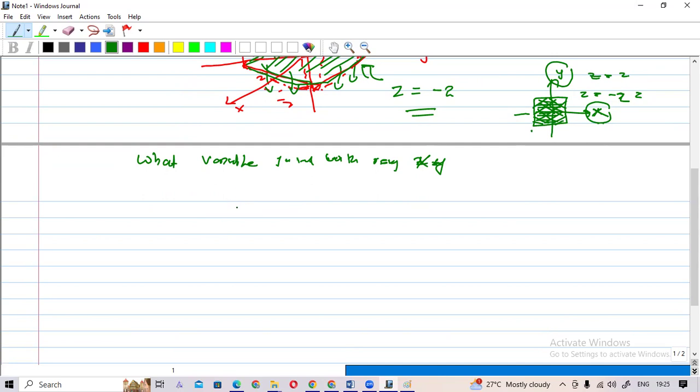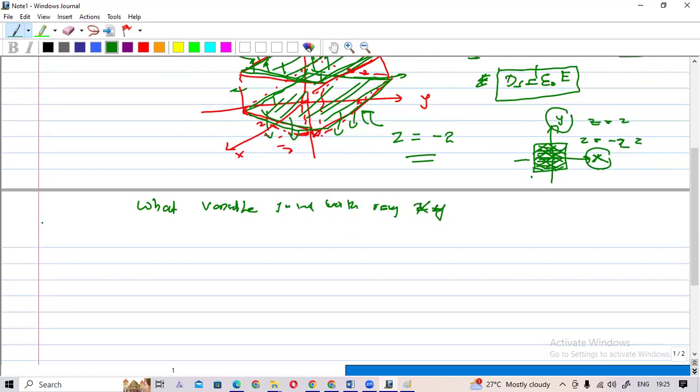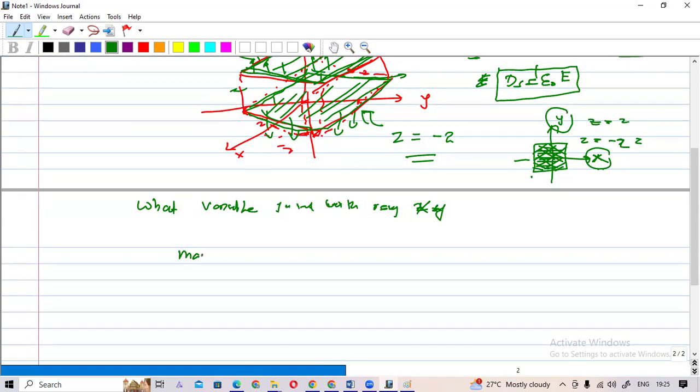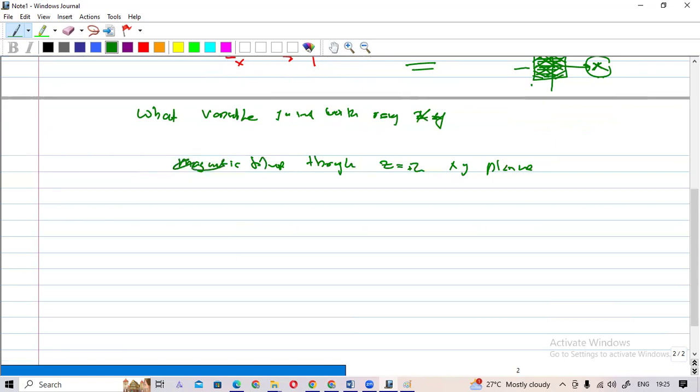So first let's find the flux. Not magnetic flux, sorry, electric flux.